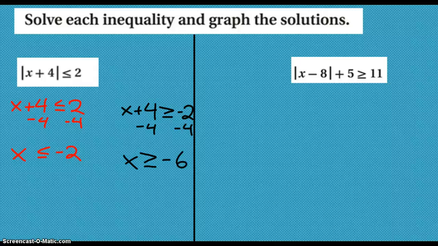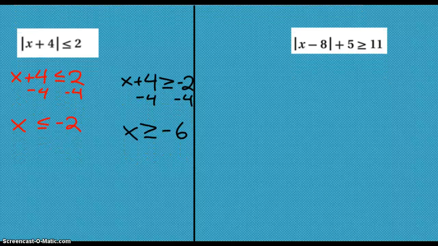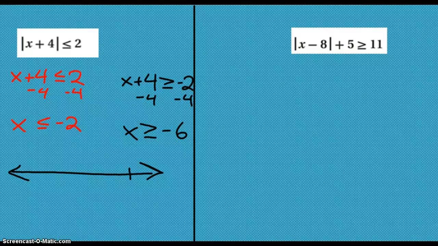Now we can combine this together into one statement, and we can graph first too. So if we're at negative 2 and negative 6, let's see what we've got here. We've got x is less than or equal to negative 2, but x is greater than or equal to negative 6.